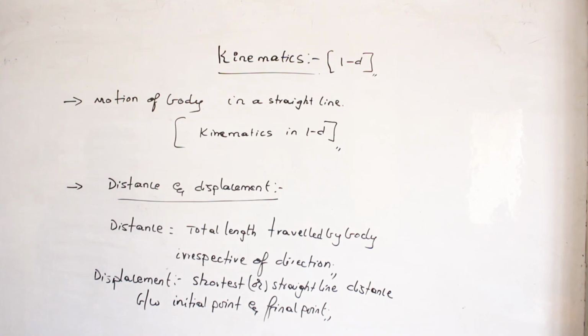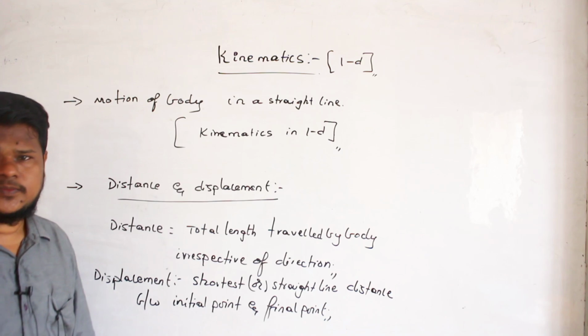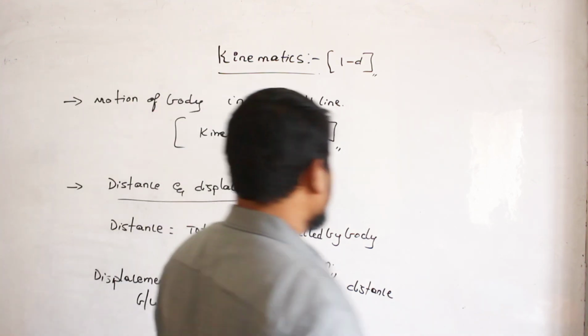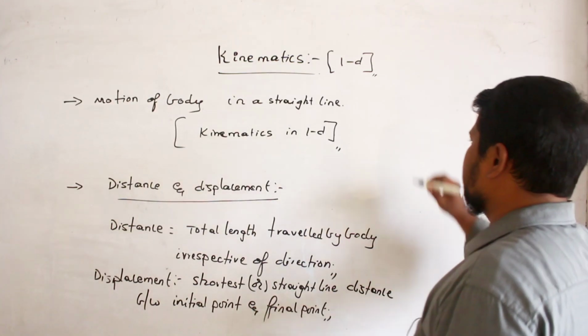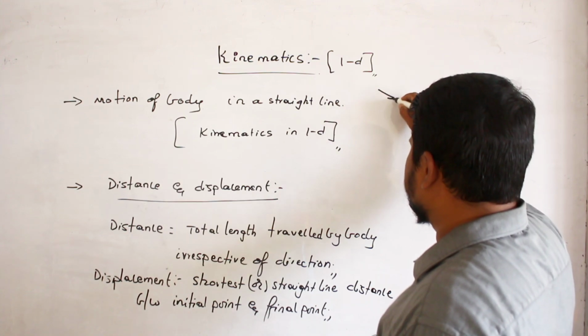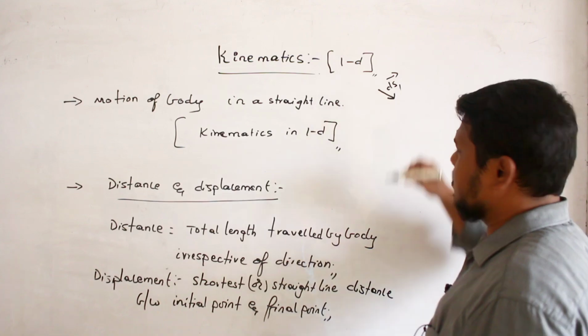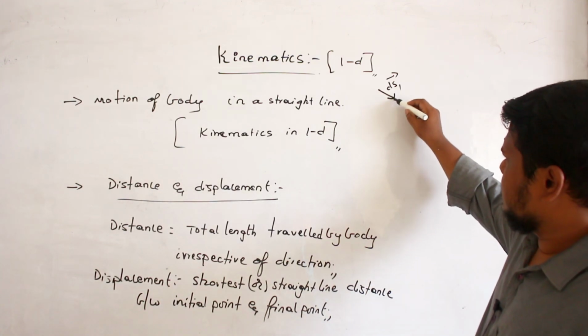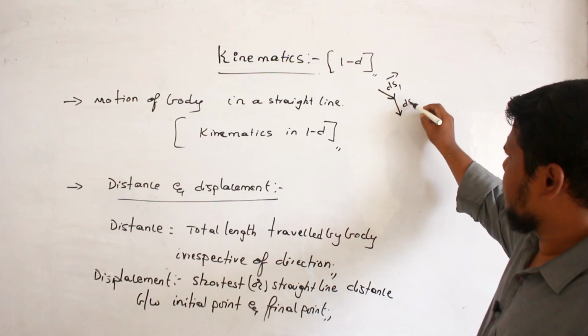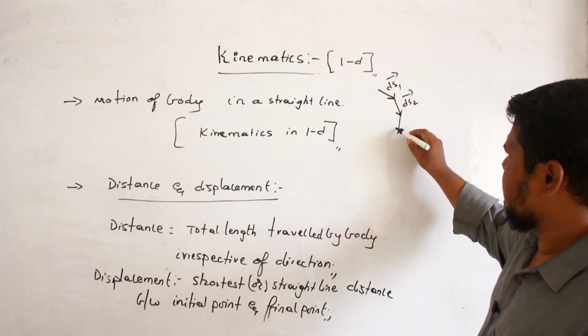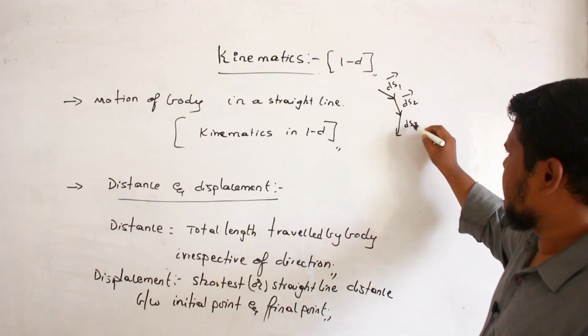Okay. We will try to understand this by taking a simple example. See, for example, a person is traveling like this. So this is ds1 dash. Then he traveled like this. Let it be ds2 dash. Then he traveled like this, ds3 dash.